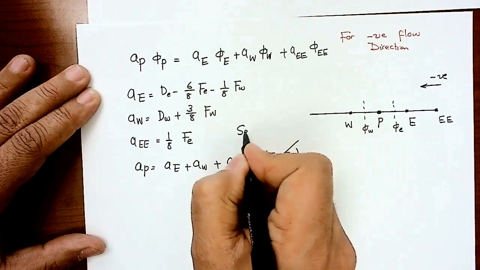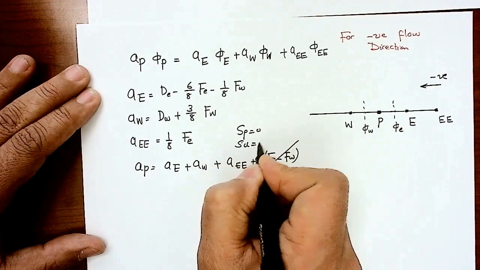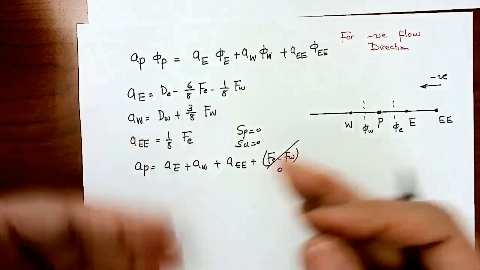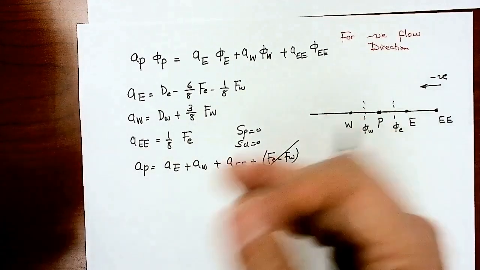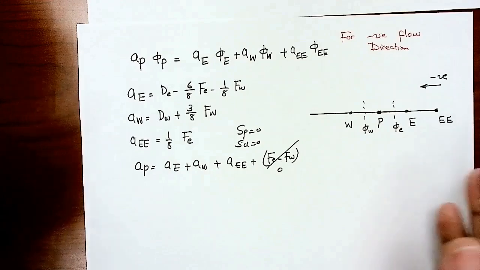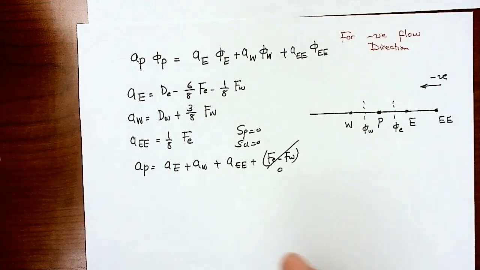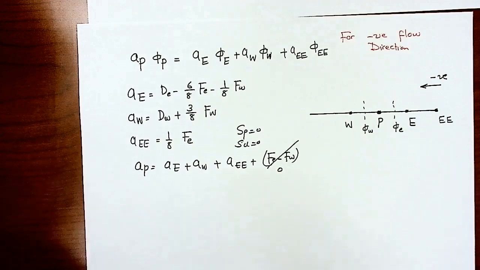And SP is also going to be 0, and SU is going to be 0. SU and SP may have a value if you have a source term, but we don't have a source term in that part here. So that's in simple language what the QUICK scheme is, how you apply the QUICK scheme. And now we have more added coefficients, A east-east, A west-west, in that application. So that concludes the QUICK scheme.